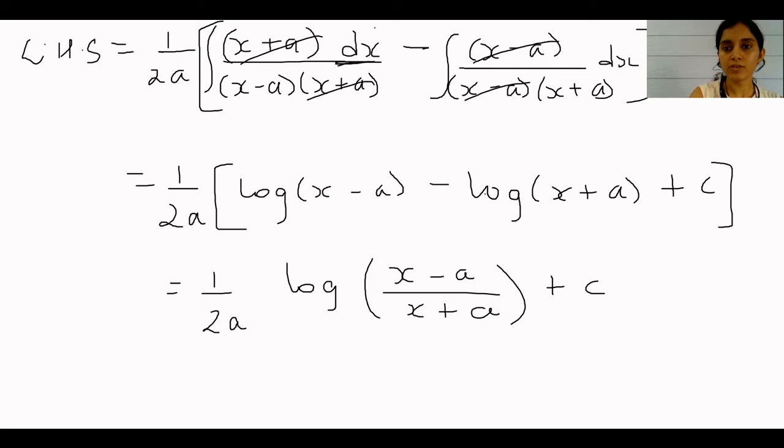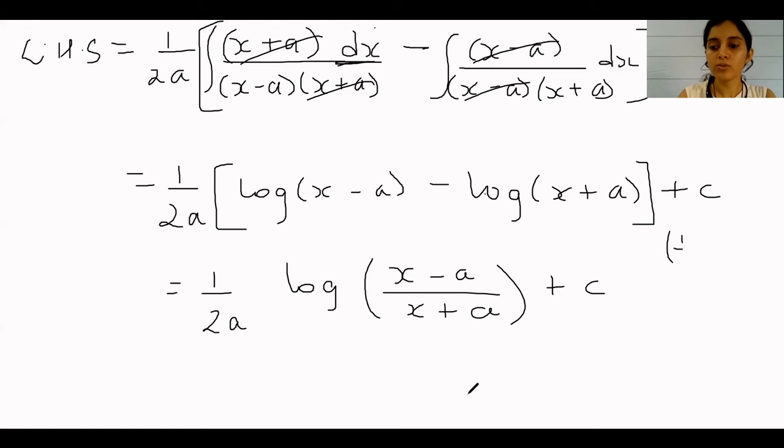So one thing, the c value should remain outside the bracket, otherwise even if you multiply 1 upon 2a into c, it's still a constant, which will be another constant value. So if you put it inside the bracket, then take it as c1 and then later on you can put it as c. That is 1 upon 2a into c is equal to c1 is equal to c, like this, but I'm keeping it outside the bracket. Clear?